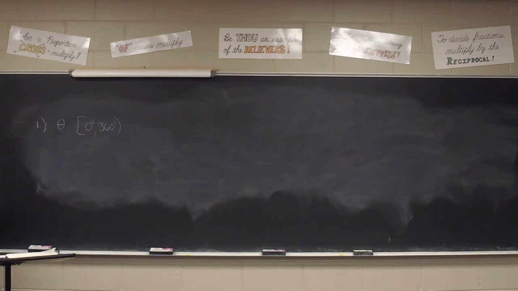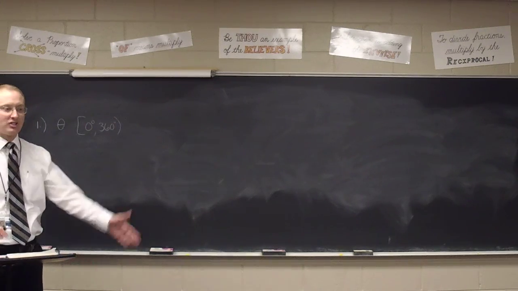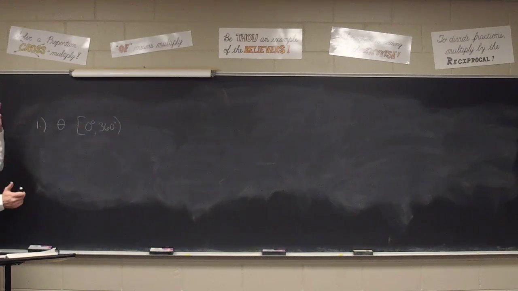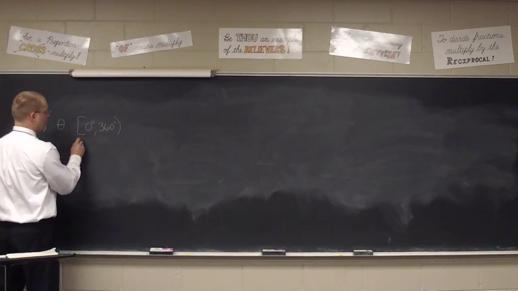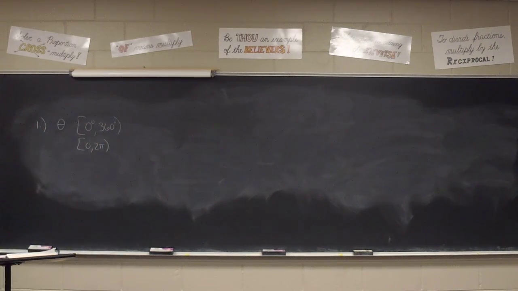Get theta in between 0 and 360. Why? Because negative angles are annoying. Angles that have gone past the full revolution to a second revolution are annoying. I don't want to even think about those. Get the angle between 0 and 360, or one could say between 0 and 2 pi, if we're thinking radians. So how would you do that? Coterminal angle rule, you add or subtract 360, add or subtract 2 pi. It's the same thing as 360, it's just radian.